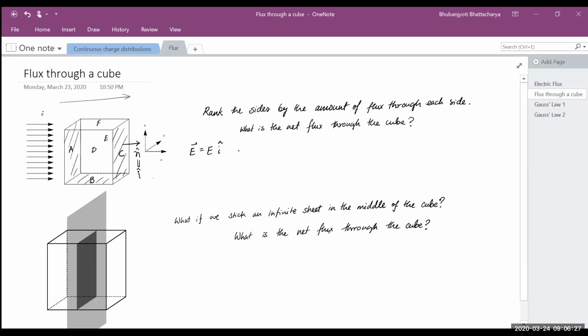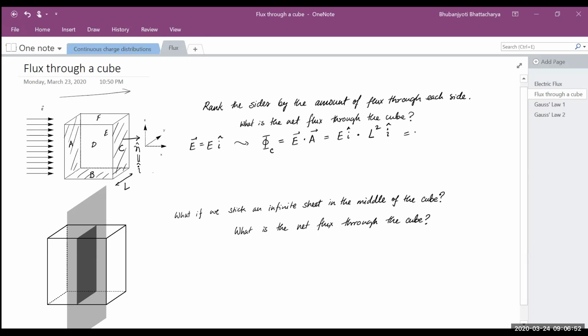Now if I wanted to find the flux through the surface C, that phi C is going to be equal to E dot area vector. Let's say that the length of this side of the cube is just L, so the area is L squared. So we will get E times I hat dotted with L squared times I hat. I hat dot I hat is 1, so we'll get E L squared. So that's the flux through C.